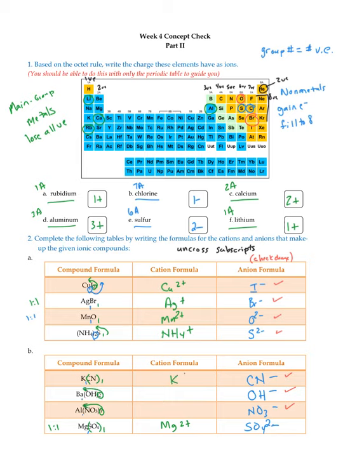And so here I have K plus, Ba2 plus, and Al3 plus. And so again, one of the things that you're going to want to spend some time on is getting used to pulling apart an ionic formula. We're going to do that lots of times as we work our way through the rest of this packet. So let's move on to naming simple ionic compounds.